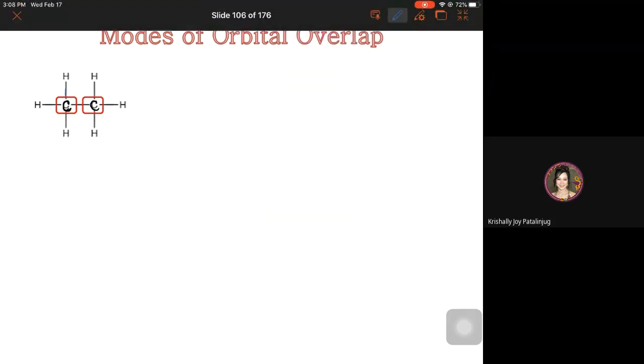So, 1, 2, 3, and 4. So, this carbon has a tetrahedral shape. The same with the other central carbon on the right side. It also has four electron groups surrounding its atom, and its shape is also tetrahedral.